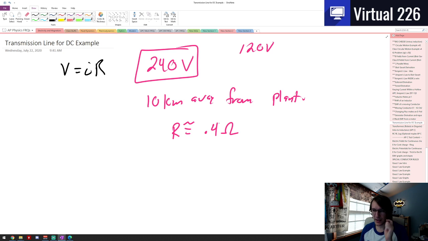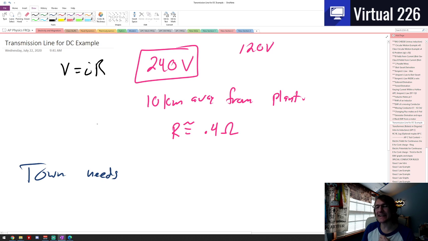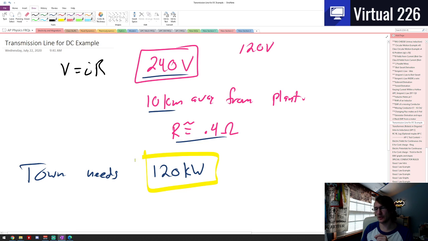So if I have an entire town, then my town needs something like 120 kilowatts of electricity. So with each house needing 240 volts, 10K away, a resistance value of the lines, and my town needing 120 kilowatts of electricity at any given point in time, how can we do this?